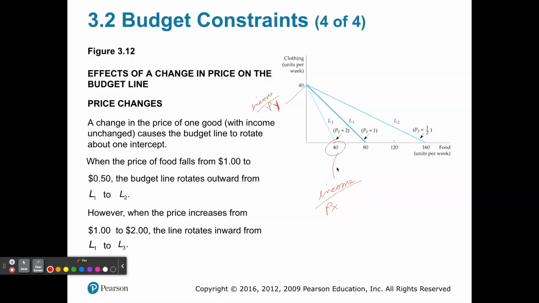And as the price of good X is falling and the numerator is staying the same, the whole ratio is rising. And that's what you see here, a higher and higher number, due to the fact that food in this case became less expensive.